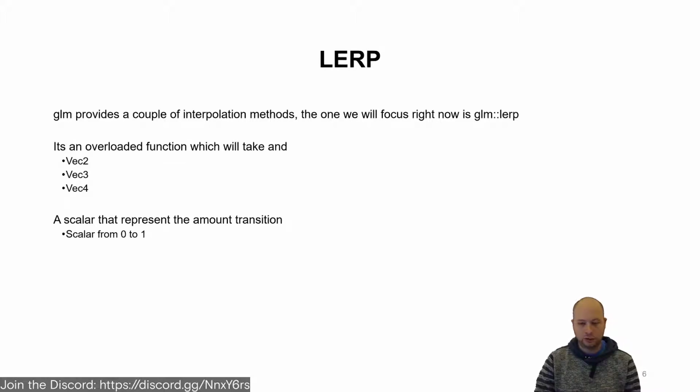So there's a couple of interpolation methods that are already given to us by GLM called Lerp. It'll take a vector 2, 3, or 4, and it'll effectively represent the transition from a value of 0 to 1. So all now you have to do is, okay, 0 represents some time, 1 represents another time. So all you really have to do is give it a starting and an ending, and then sort of tell it where along the path, what percentage through.